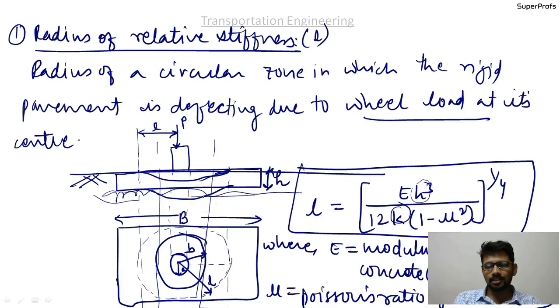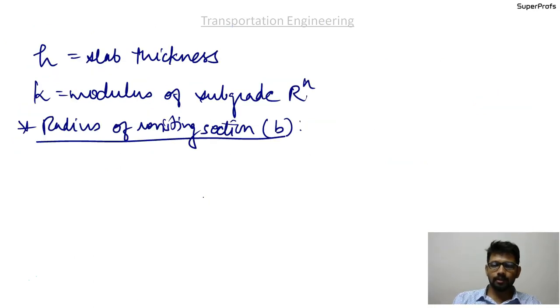That is the only section that is resisting the deflection of this pavement. Here the support is the soil, the subgrade, so the resisting section is the subgrade soil.